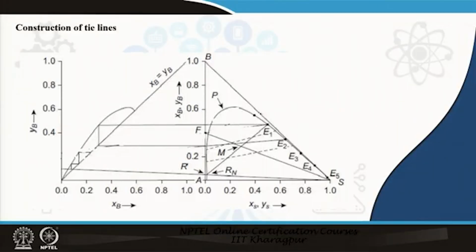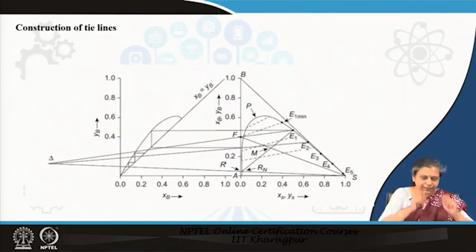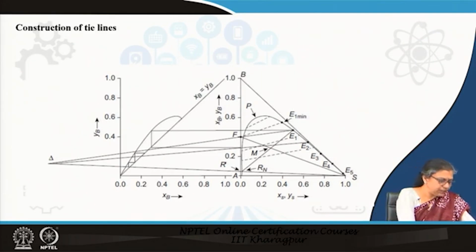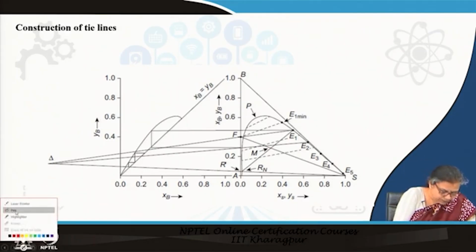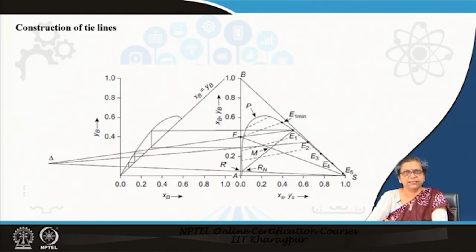And the next thing was the location of the delta point, the difference point, which gives you the net outflow from any particular stage, starting from stage 1 to the last stage n.